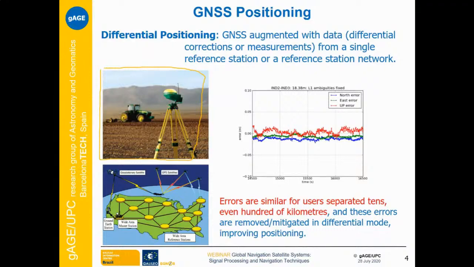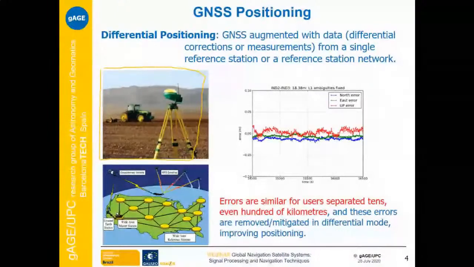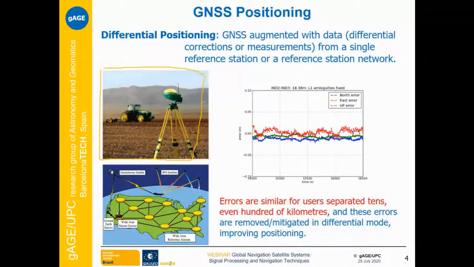One receiver is on board a moving tractor, and then we have a reference station nearby that is sending measurements, and then we can perform this differential positioning. The idea is that we need more than one receiver. Of course, we can have multiple receivers, a network of receivers distributed to cover a continent. As we will see during the lecture, we can achieve very good accuracy.